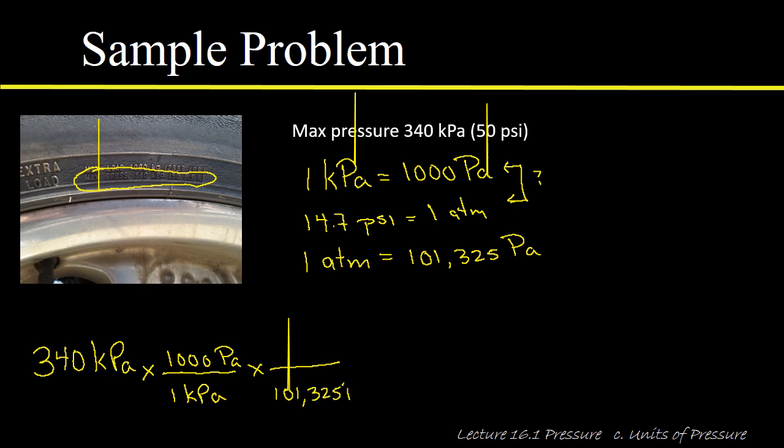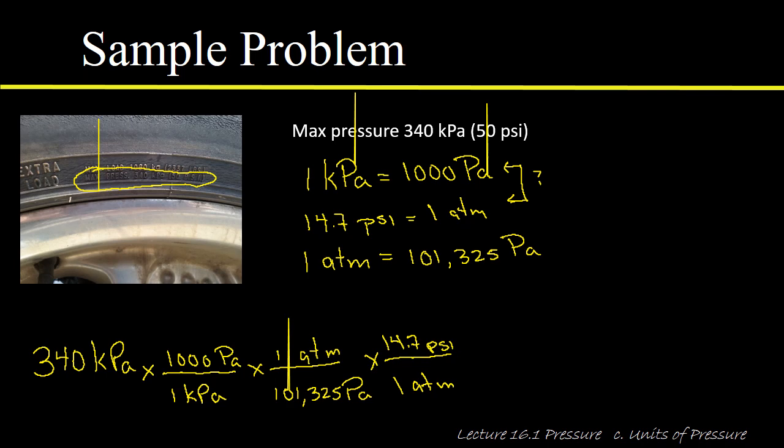So 101,325 pascals in the bottom, and 1 atmosphere in the numerator. And then to convert from atmospheres into PSI, we know that 1 atmosphere is 14.7 PSI. All right.